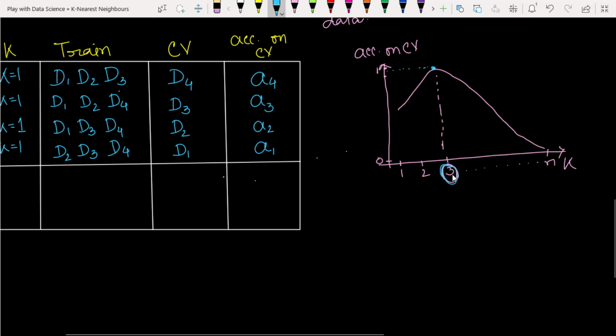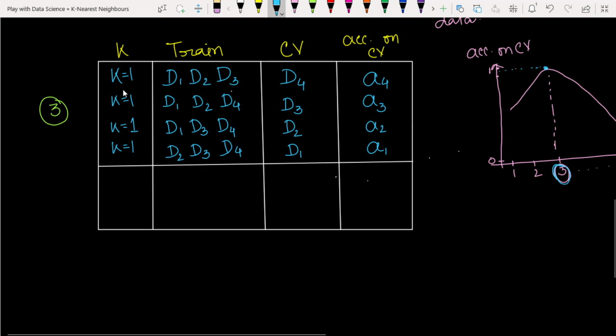We have got the maximum value for k is equal to 3. Okay, so to plot this data we actually need a single accuracy value for a single k. Here we have taken k is equal to 1. Just complete the table first, then I will repeat how we get this. Then the same thing is also done for k is equal to 2.